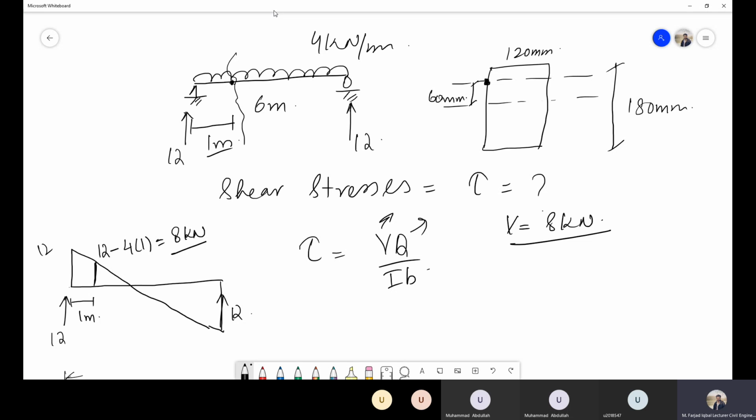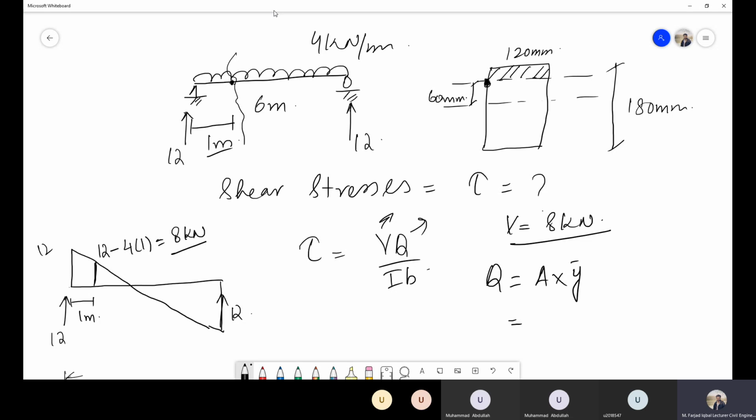And next thing is I have to calculate this Q factor, that is the moment of area. This is the point at which I want to calculate the shear stress. I have to consider the area above this point, which is this shaded area. So Q is equal to A into Y distance. What will be the area?